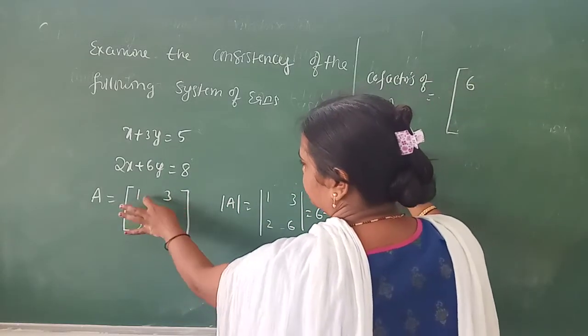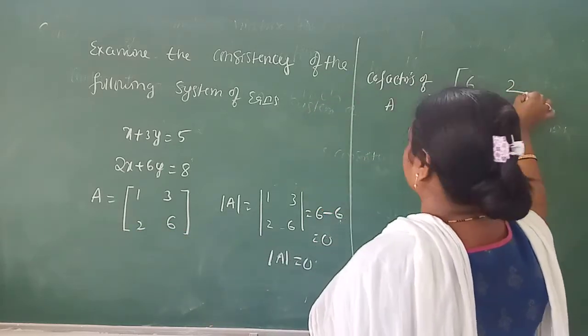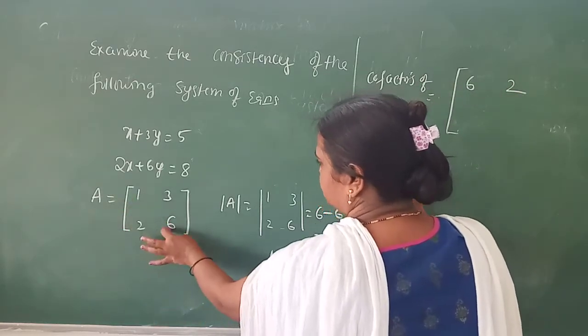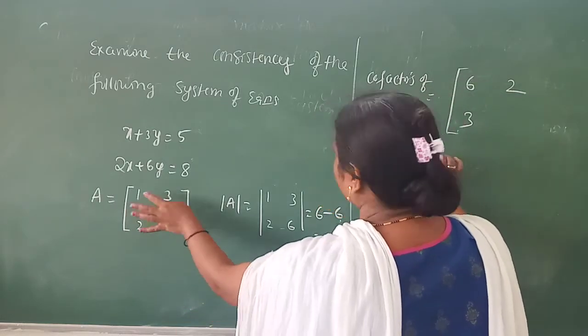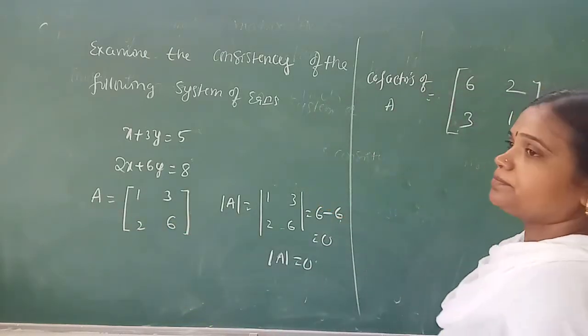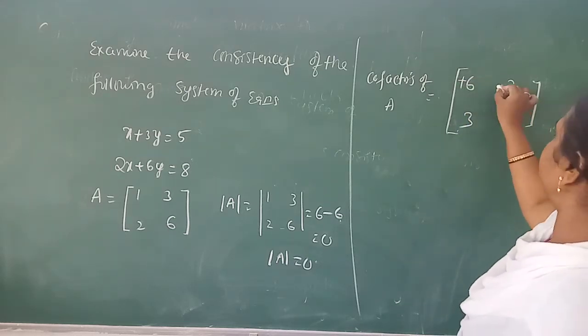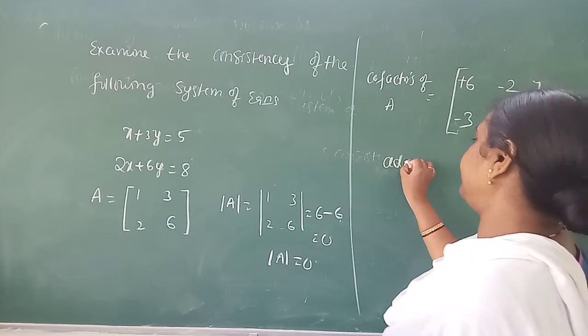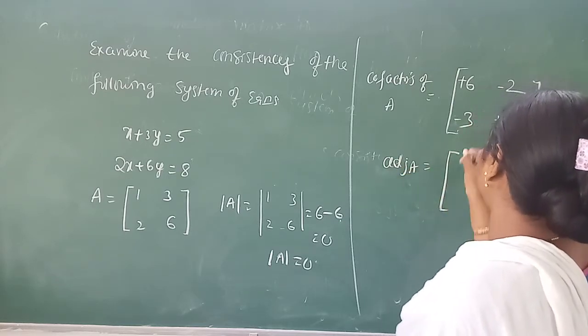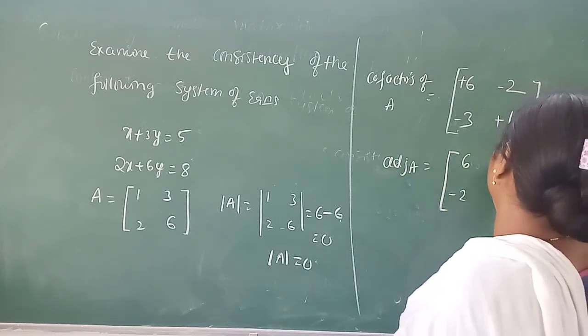For 3, leave the row, leave the column, we get 2. For 2, we get 3. For 6, we get 1. And we know the proper sign is plus, minus, minus, plus. Next, adjoint A is the transpose of this matrix: 6, minus 2, minus 3, 1.